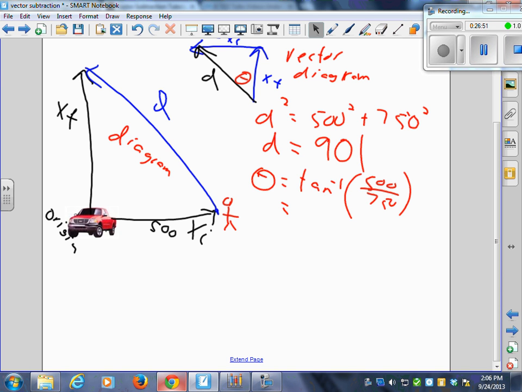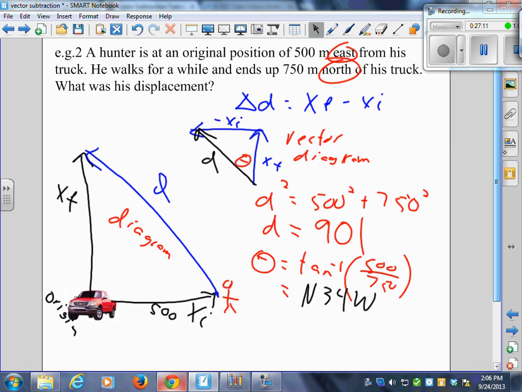Can somebody give me that angle? 33.7? We'll say 34. That's going to be north 34 west.